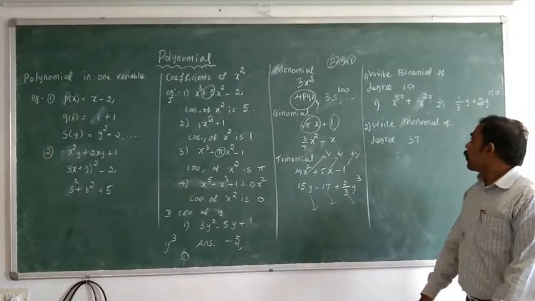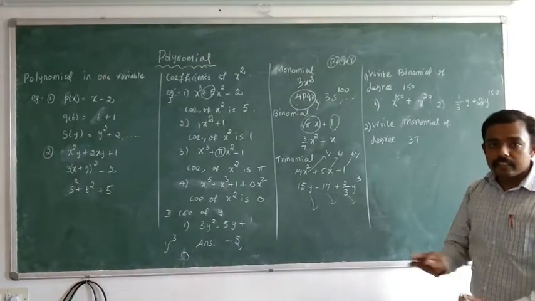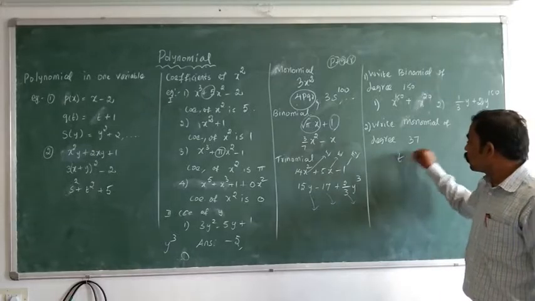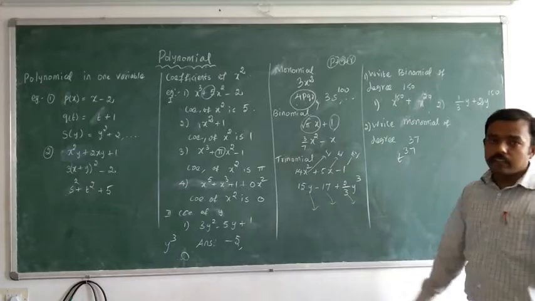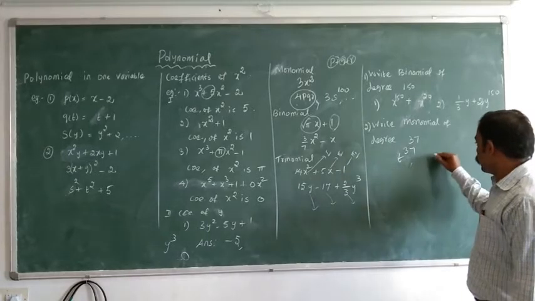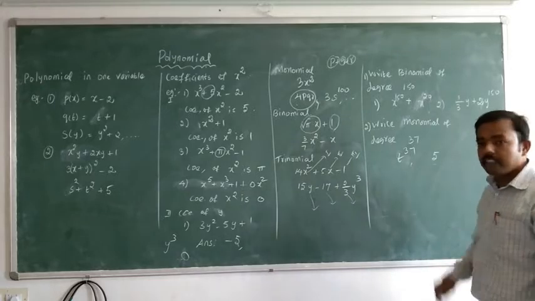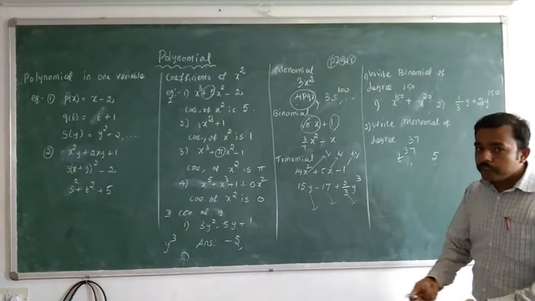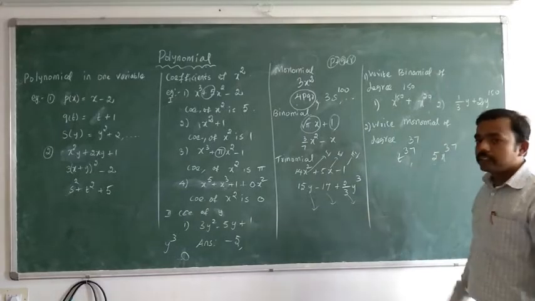Right. Now write a monomial of degree 37. No need for any sign. We can introduce any one variable. Suppose t, and here we need degree 37. That's all. Suppose another example, 5, but we need a degree. No, it's a constant term. So we need to introduce a variable, so x to the power 37.